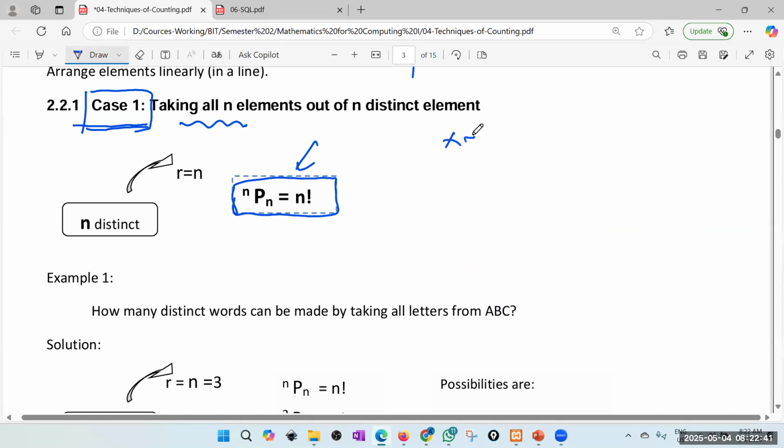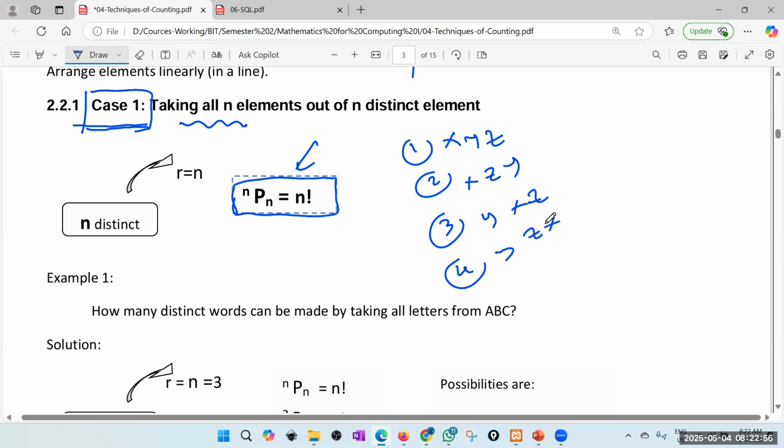Say x, y, and z. This is one arrangement. Another one, x, z, then y. Another one, y, x, and z. Another one, y, z, and x. You can see these are different. Say you are taking a photograph. These are all different ways of arranging 3 people. Fifth one, z, x, and y.